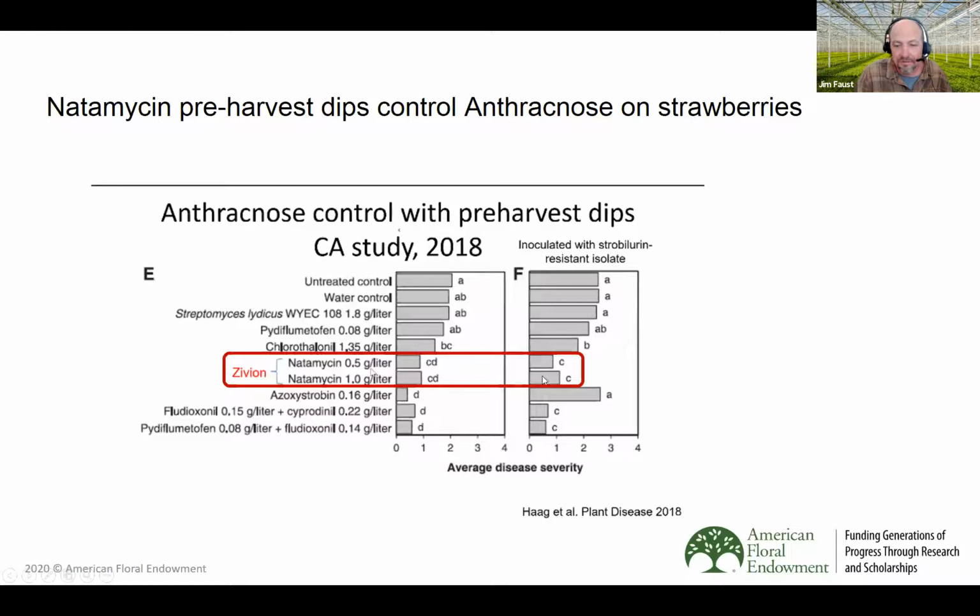You can see that control level is similar to other fungicides and tank mixes, and actually better than pydiflumetofen by itself. So again, it's looking as good as chemical fungicide treatments in this study. Disease severity is on this scale, so a 0 is good and a 4 is bad. So we see a good treatment effect in this study.